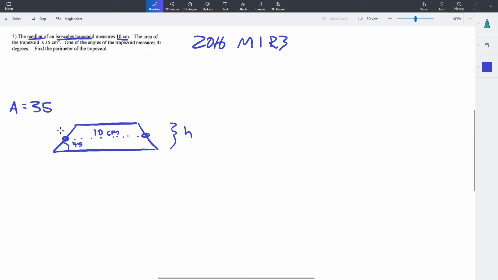Now, when I say it has to be this one over here, it could also be oriented upside down. However, it'd be basically the same trapezoid, just reflected. So we can just look at it from this perspective. Now the goal is to find the perimeter.